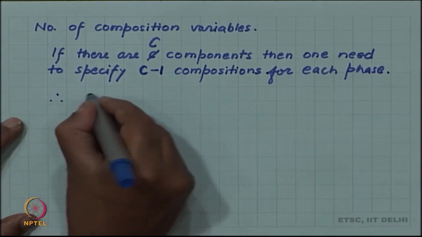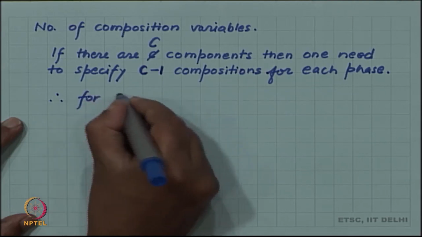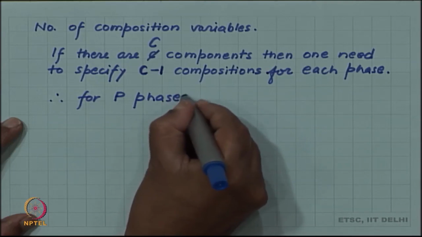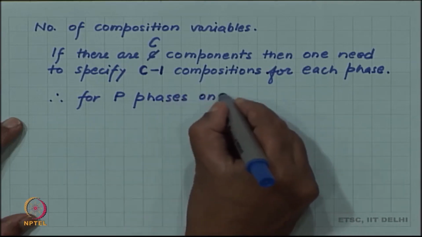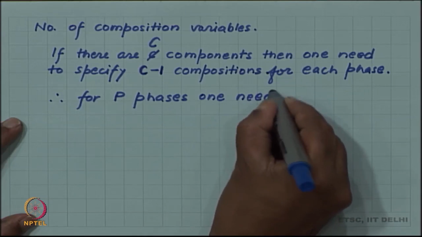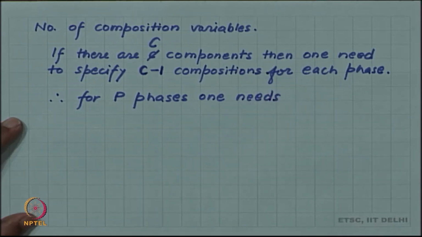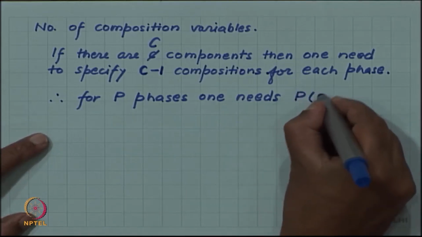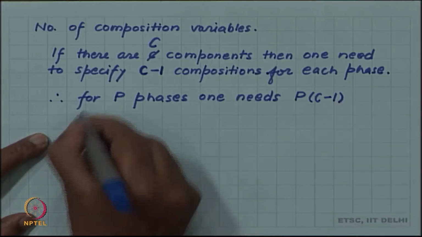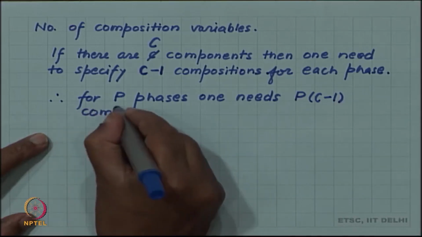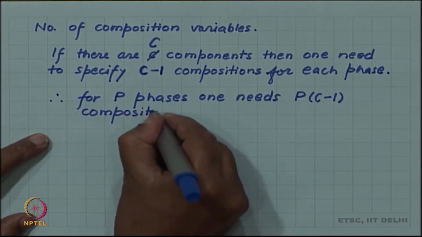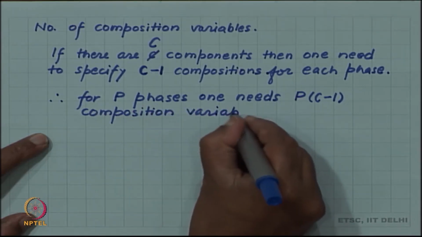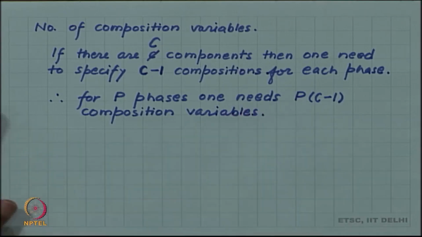Therefore, for P phases, one needs P into C minus 1 composition variables.